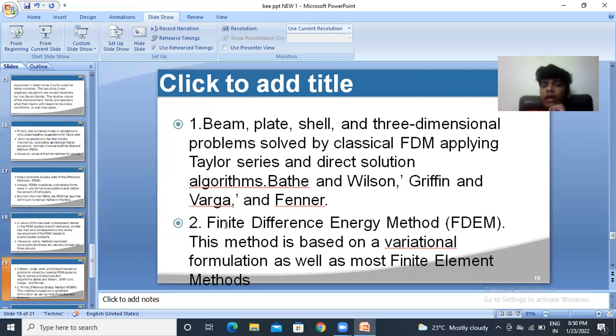Second method is the finite difference energy method, which is nothing but the FDEM. This method is based on a variational formulation as well as most finite element methods.